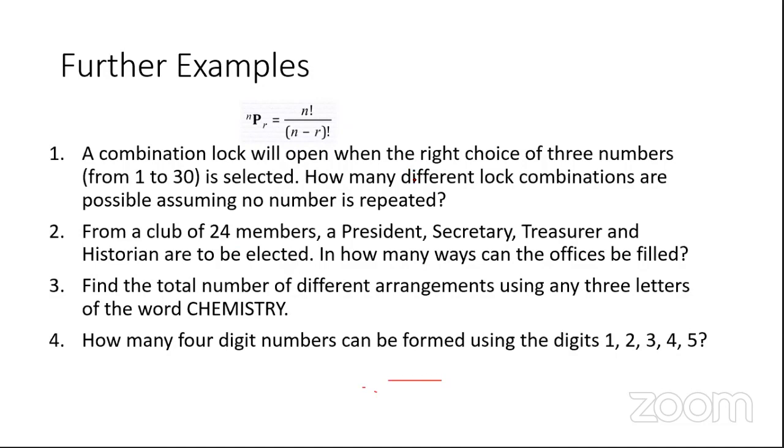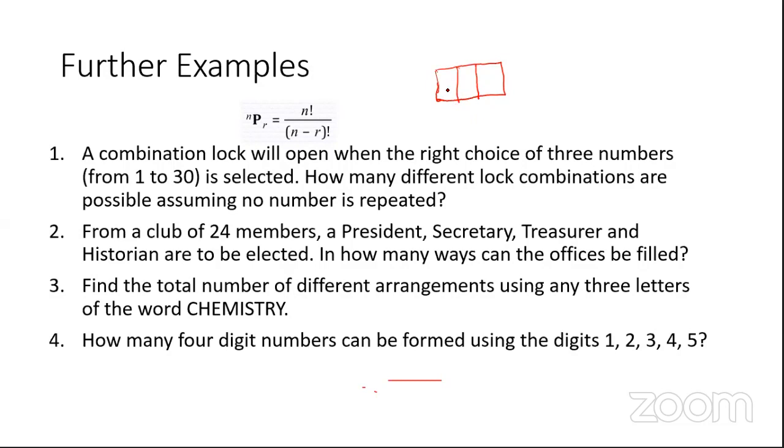So there's a question here. It says a combination lock will open when the right choice of 3 numbers from 1 to 30 is selected. How many different lock combinations are possible, assuming no number is repeated? So it's like they have a lock, maybe it could be a lock like this, and it has 3 holes.